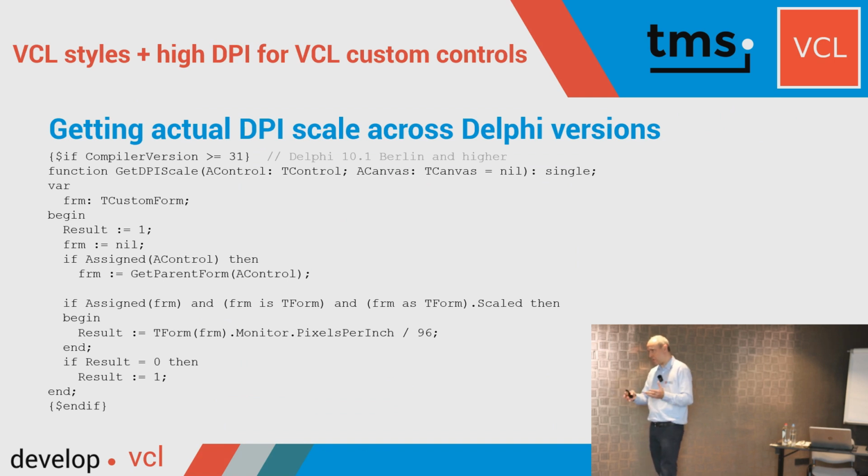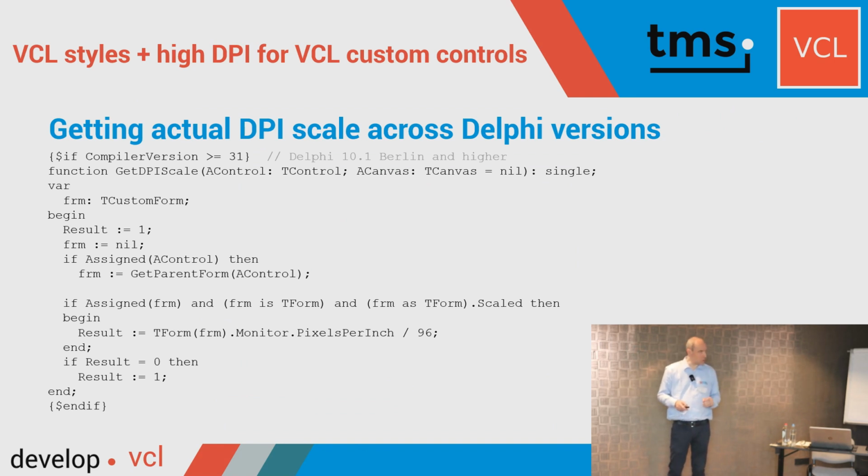In older versions of Delphi, where you can still, of course, use high DPI, it was somewhat more complex because Form.PixelsPerInch didn't exist in these older versions. Then you can use Windows API functions to get the scale factor.